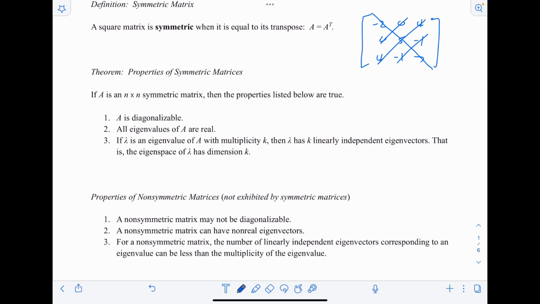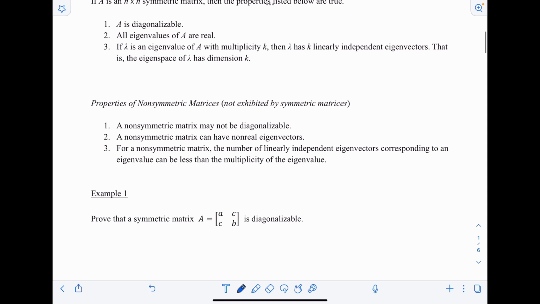Now, we've seen all of these concepts before, so this is what would be specifically true if the matrix is in fact symmetric. And this is not a theorem, this is almost the antithesis of what we just talked about: things that could be true about a non-symmetric matrix but would not be true about a symmetric one. A non-symmetric matrix may not be diagonalizable. It could be, but not necessarily.